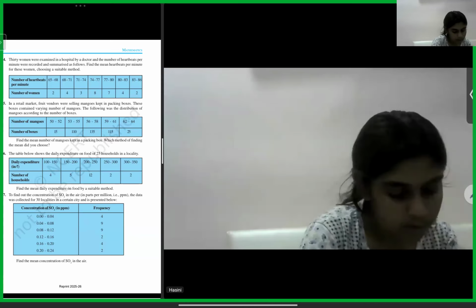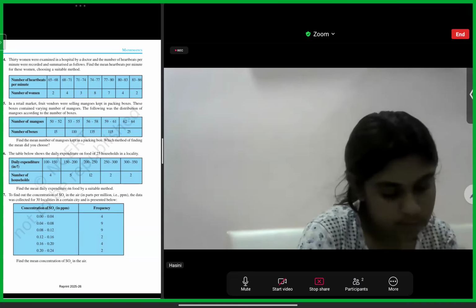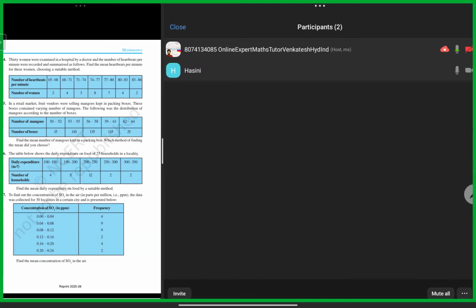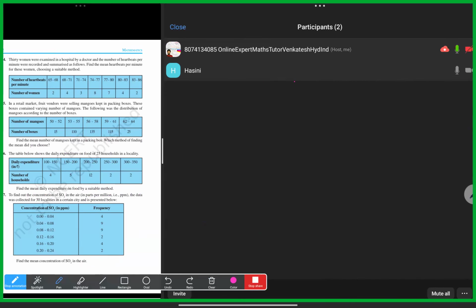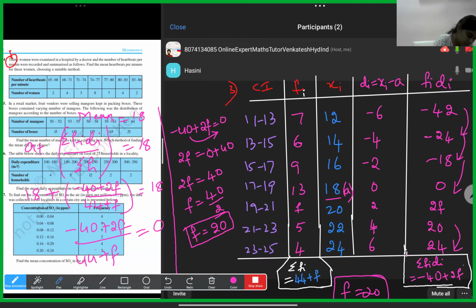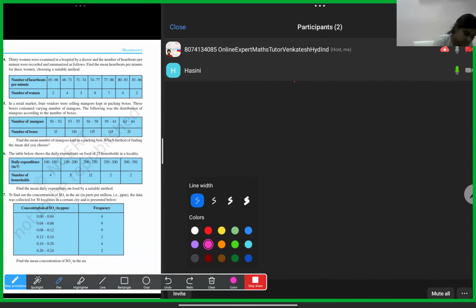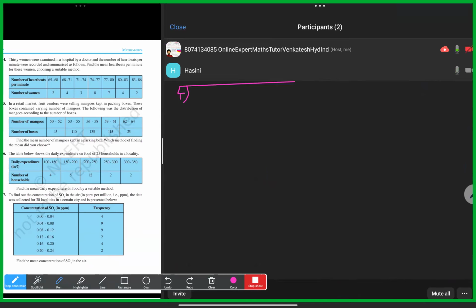Okay, sir. For that, Hasni, we'll draw the columns again, which is the fourth one. So the first thing, Hasni, is the class intervals, the same as in the question.